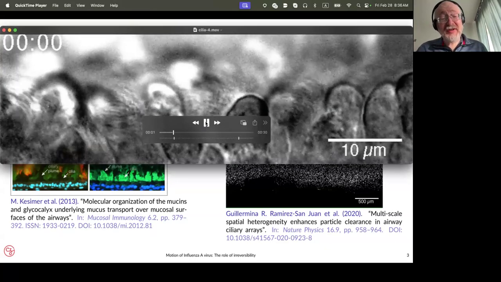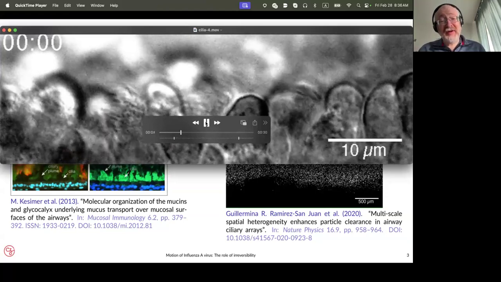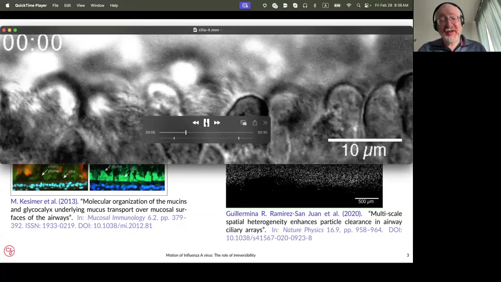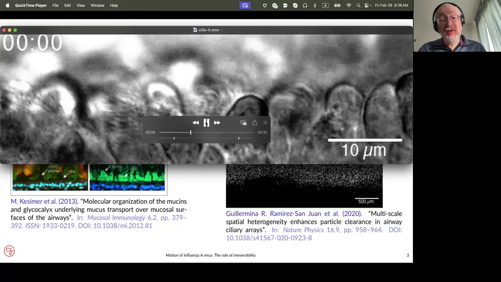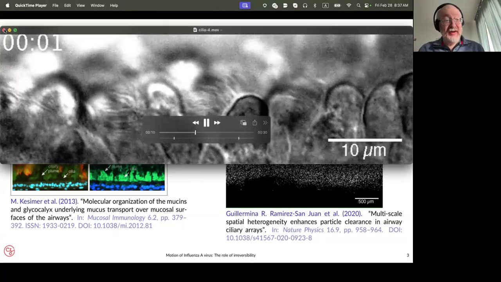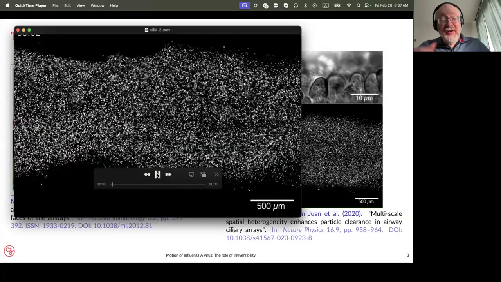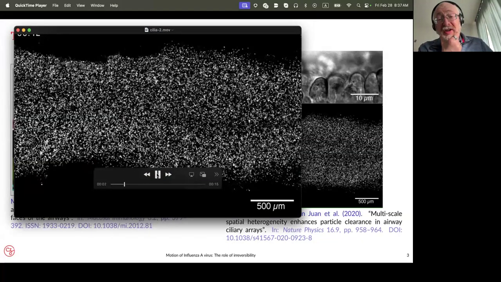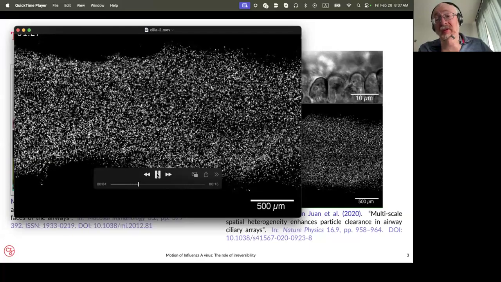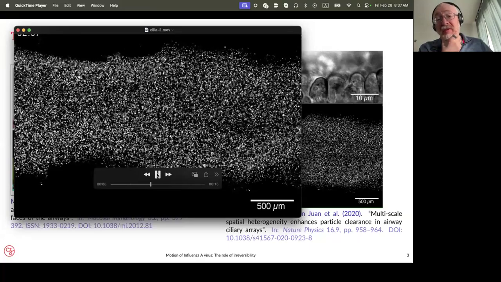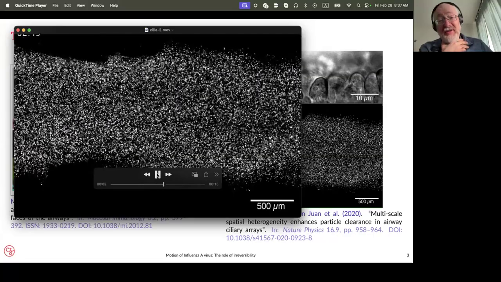You see that the ciliary cells near the epithelium always move, and the consequence of this moving is a constant flow of fluid above the cells.